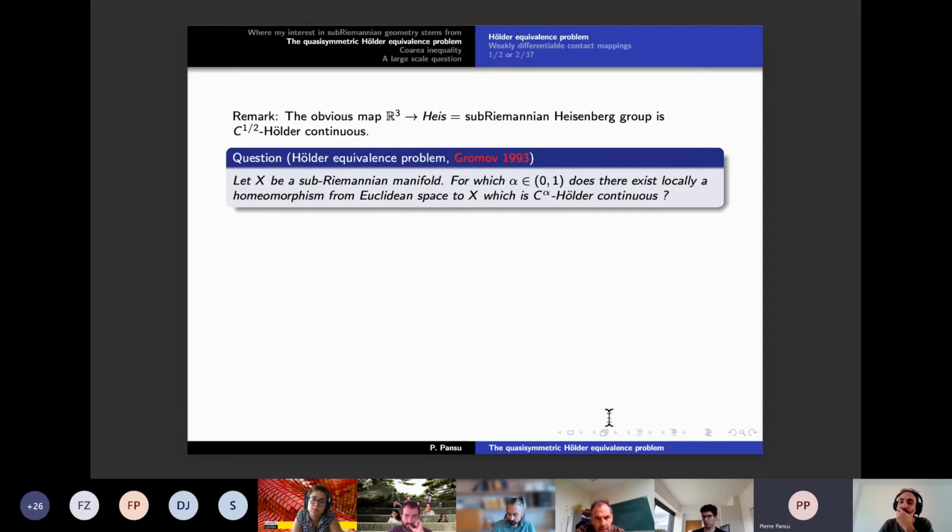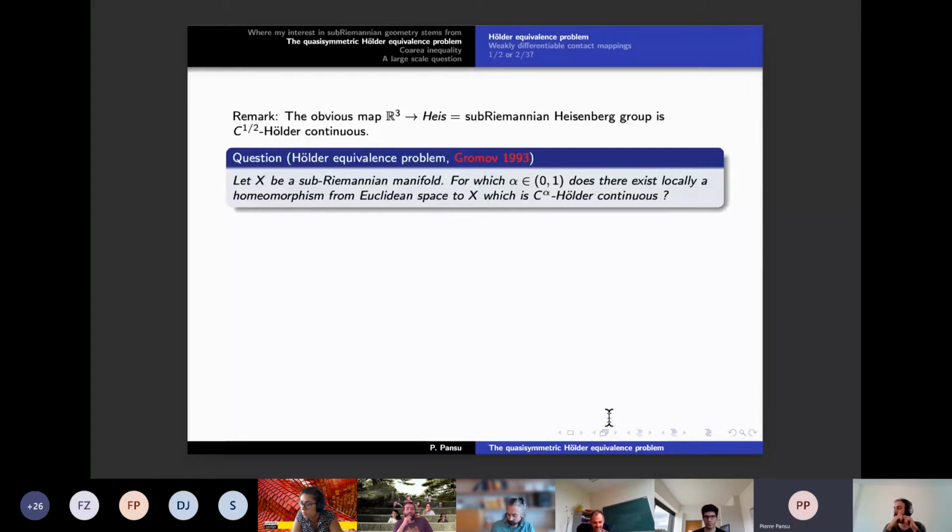Well, thank you. So now let's get back to sub-Riemannian geometry and this question by Gromov. We know that a sub-Riemannian manifold can be compared with a Riemannian metric on the same manifold. This gives a homeomorphism which is Lipschitz in one direction, Hölder in the other, where the Hölder exponent is 1/2 for two-step sub-Riemannian metrics, like contact structures, but it's 1/3 for 3 steps, and so on.